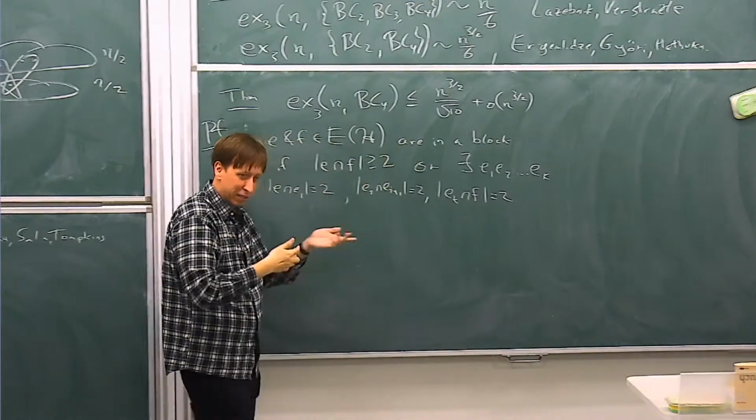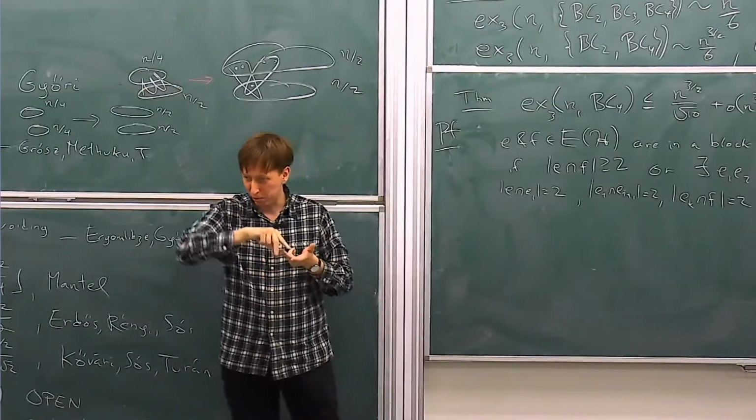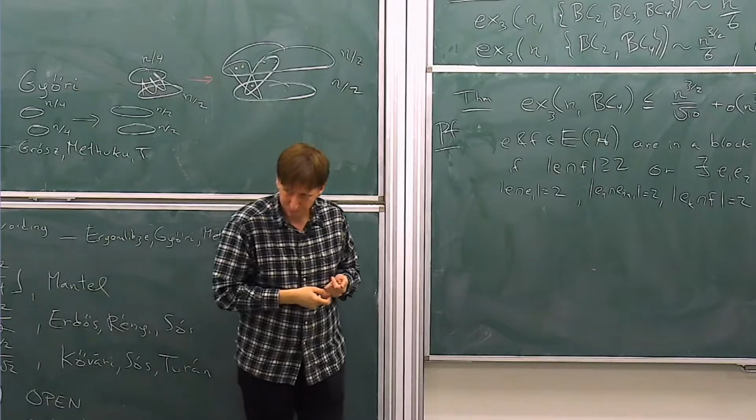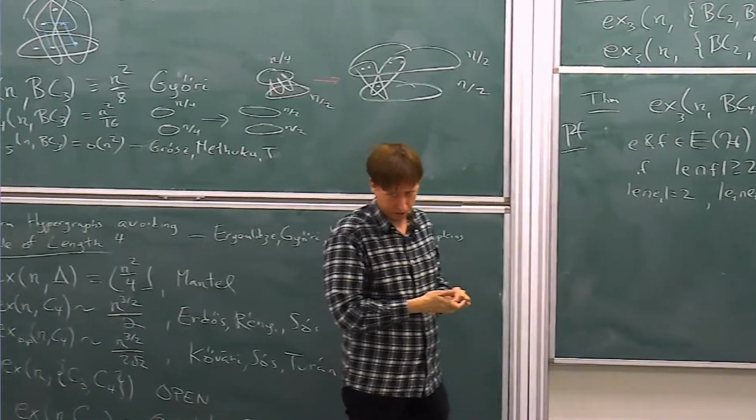So I can get from one hyperedge to the other by a bunch of 2-intersections with other hyperedges. This is a decomposition of the hyperedges.